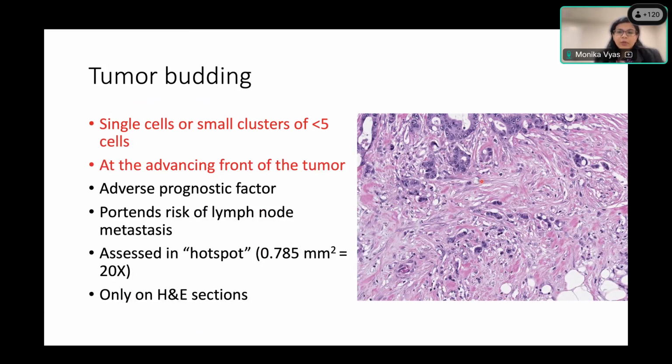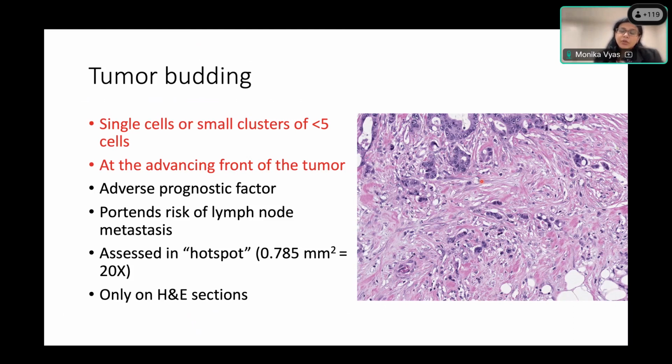So the way we assess for tumor budding is you'll scan all your tumor slides at 20x and try to find hotspot areas for tumor budding. And then once you have found some of your hotspot areas, go and count for tumor buds in this area on 20x. So one important thing is to only do the tumor bud count on H&E sections.